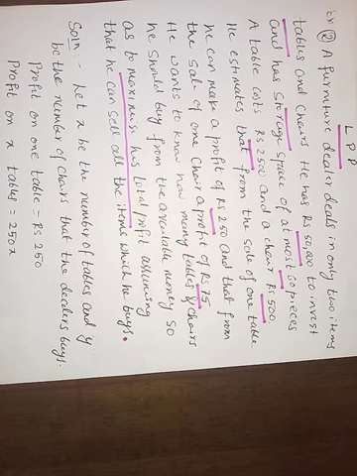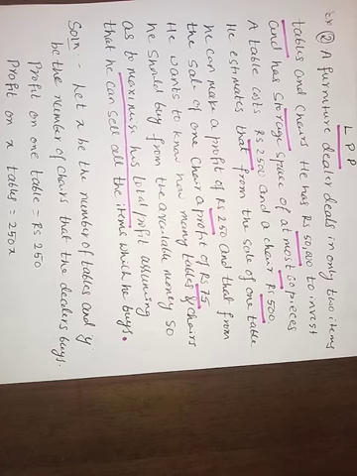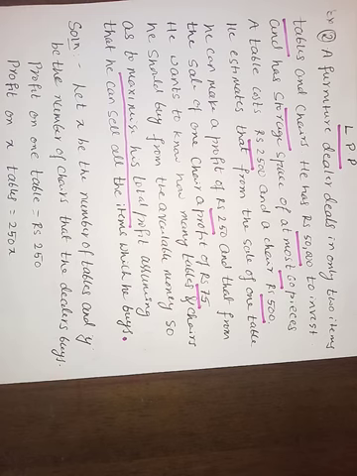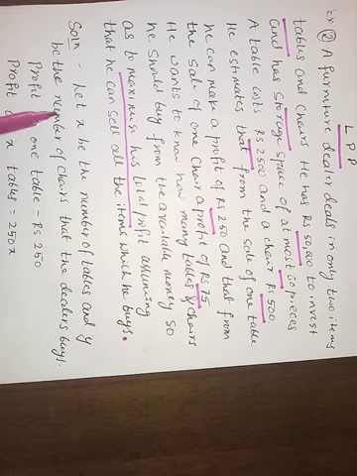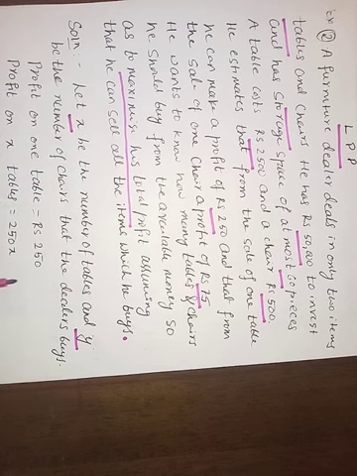Here there are two variables, one is table and another is chair. We don't know how many tables and how many chairs we want to sell so that we can get a profit. Therefore, let x be the number of tables and y be the number of chairs that the dealer buys.